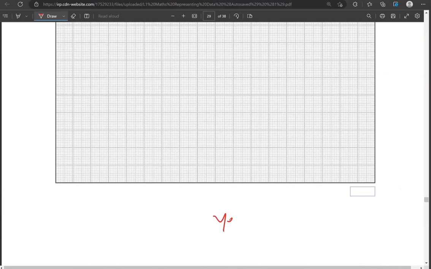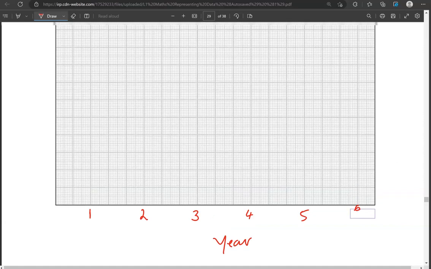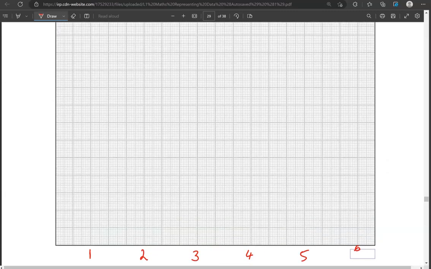So year 1, 2, 3, 4, 5, 6. I've put a 3 square gap between each of the years, but you could do 2, 1, whichever you prefer. I just wanted to space them out because that's better.